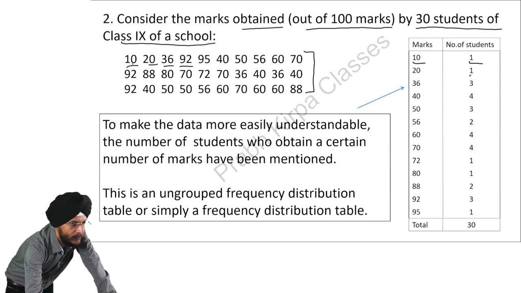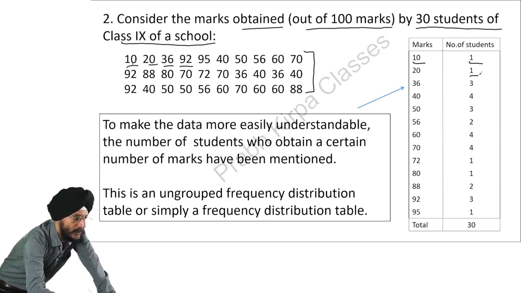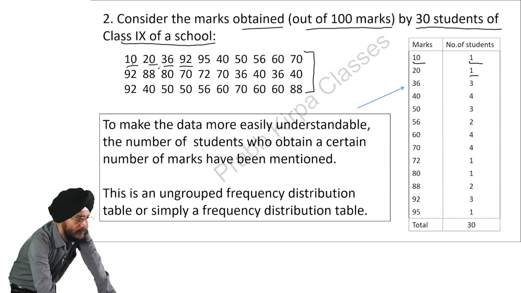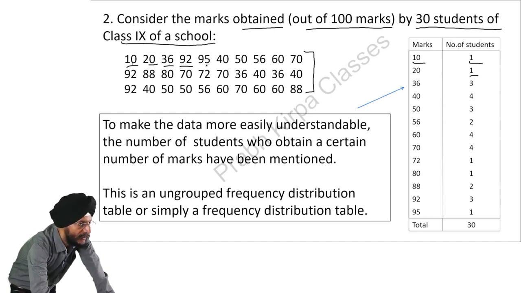No, so we will write that this is a single student. Then we will find out whether any person has obtained 36. This is a 36, this is a 36, this is a 36. So 3 students have obtained 36.